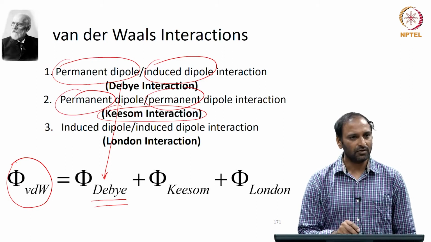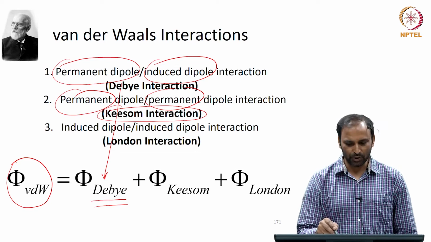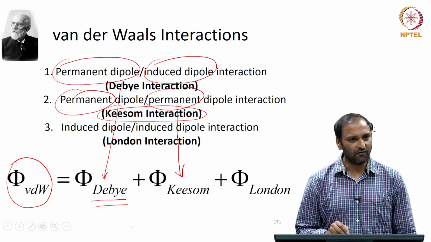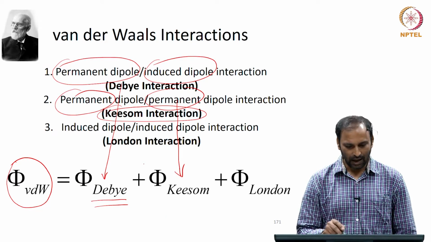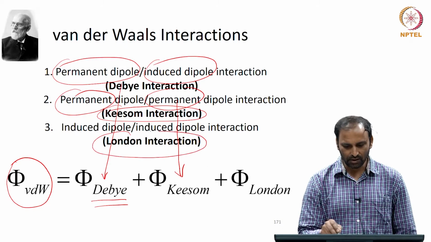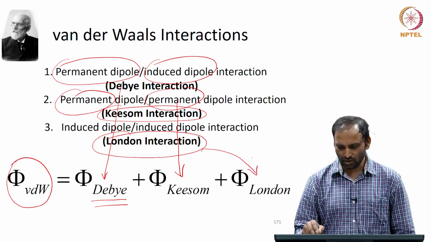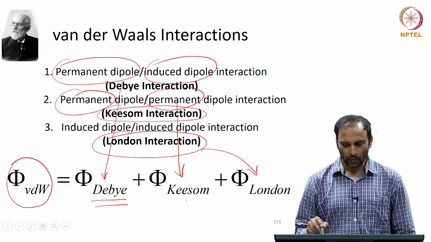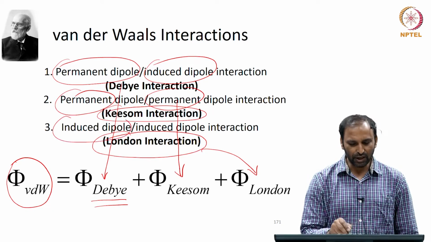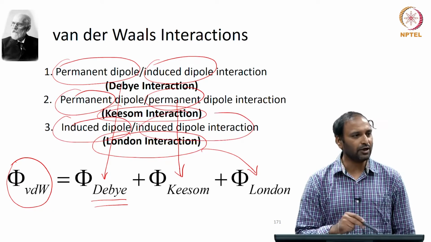Okay, if you have two permanent dipoles, the interaction between them would be phi Keesom. And what is called the London dispersion forces, or London interactions, is the interaction between induced dipole and induced dipole.